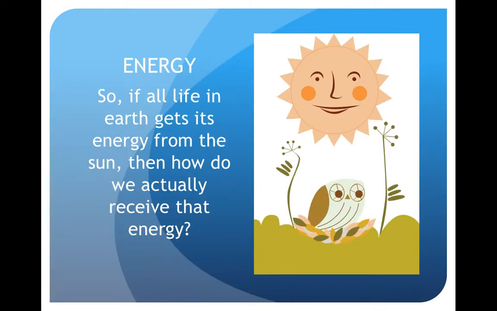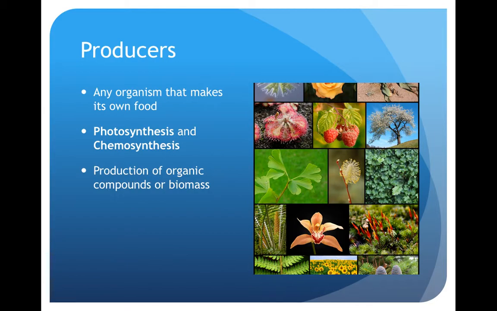So, if all life on Earth gets its energy from the sun, then how do we actually receive that energy? Well, the first process, the main process, has to do with those producers. They are going to use photosynthesis or another version called chemosynthesis.